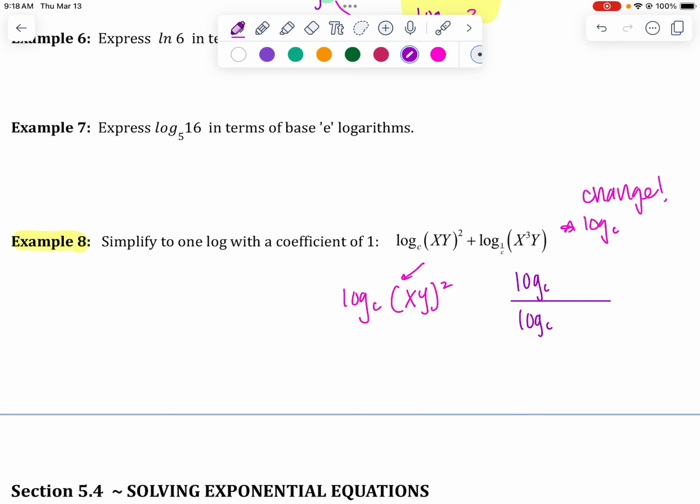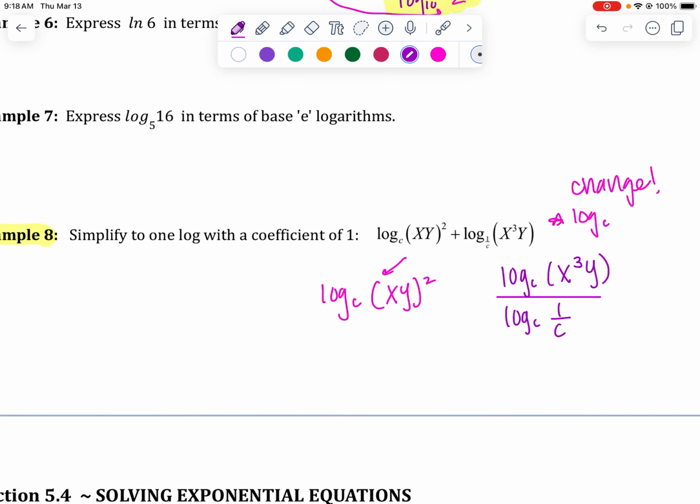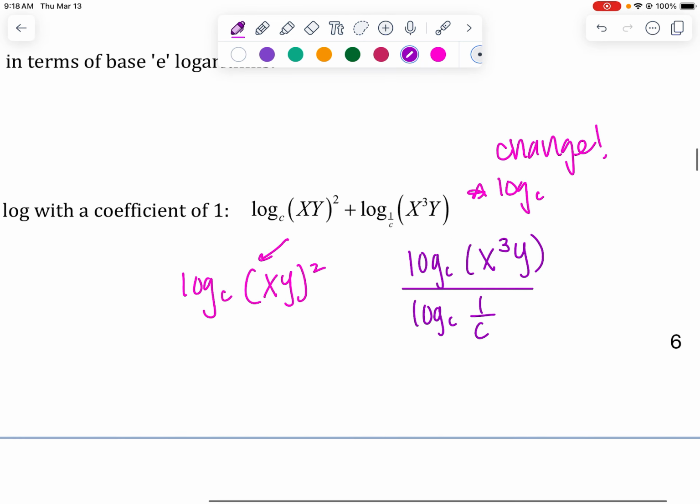The top is log base c of x cubed y, and the bottom is log base c of 1 over c. If I am looking at this one, at this point, I'm not sure exactly what to do. There's an addition right here. But we could go ahead and look at one of the logs. I'm going to look at the bottom log. We have log base c of 1 over c.